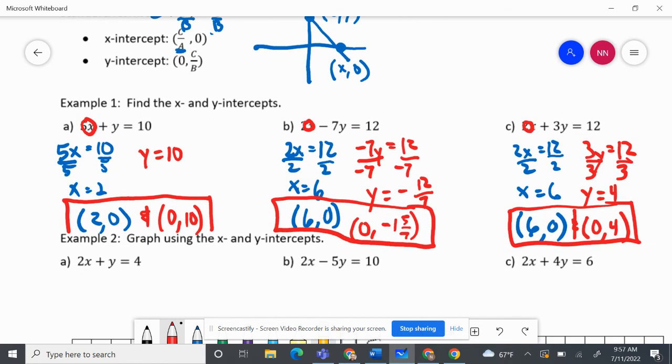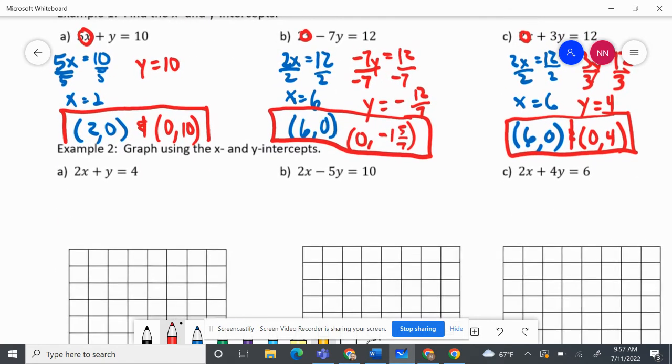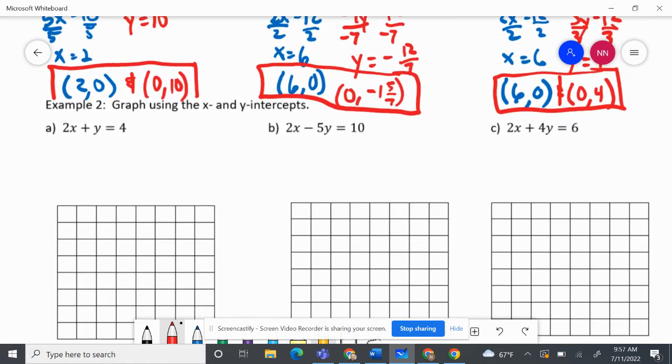Now what we're going to do is find our x and y intercepts, and use those to graph. So looking at the first one, we're going to do the same thing. We're going to plug in a 0 for the y, and that gives us 2x equals 4. We divide it by 2. x is equal to 2. So I have the ordered pair 2, 0.